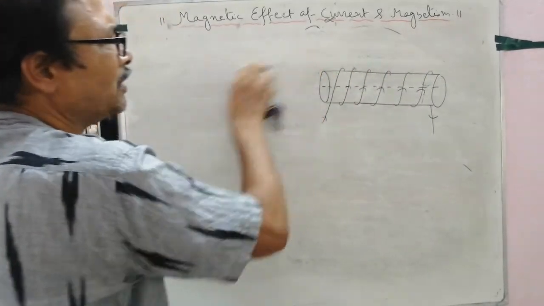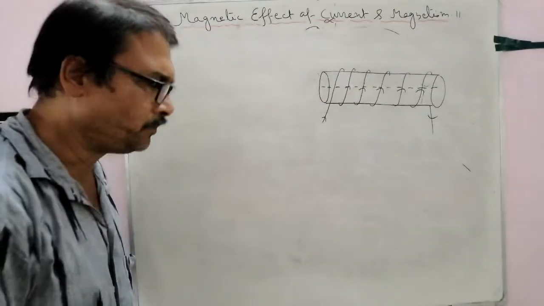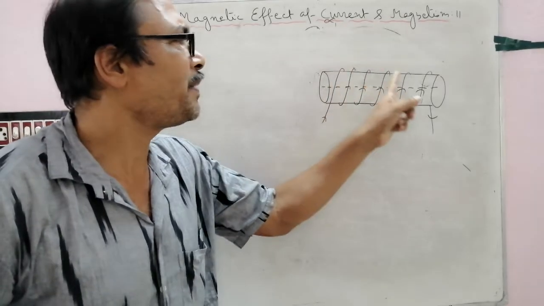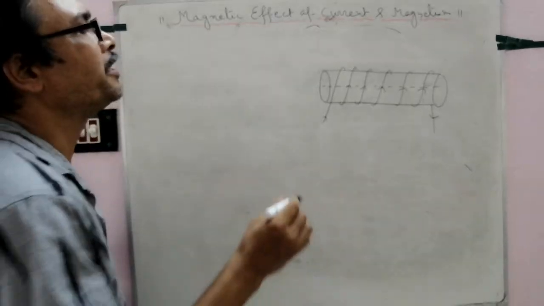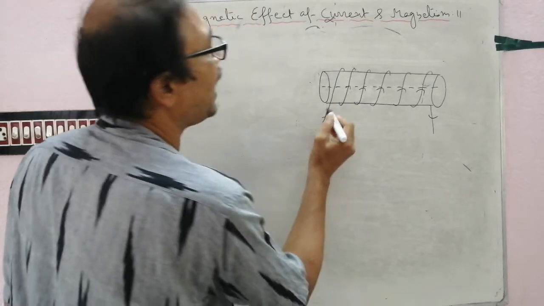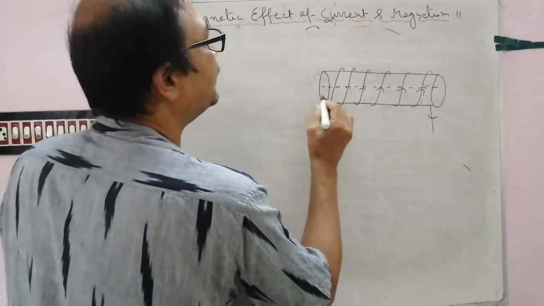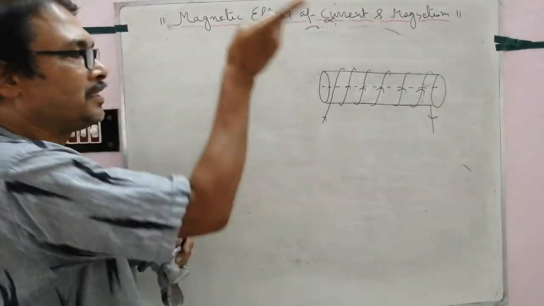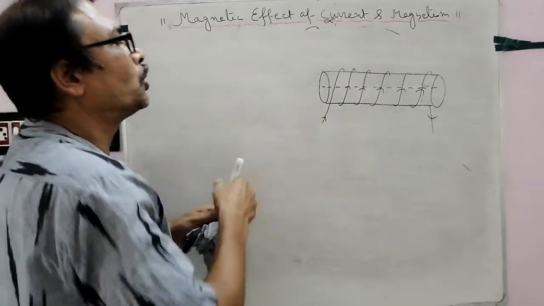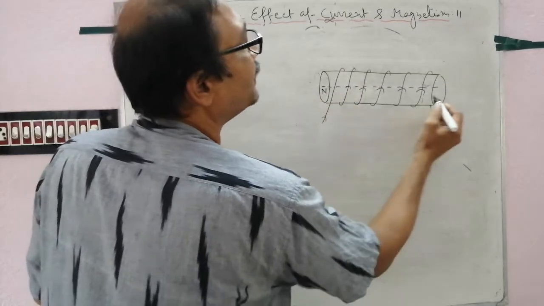Again and again I am mentioning that the magnetic field outside the solenoid is nil. Follow here. According to this direction, this is the north pole and this is the south pole.